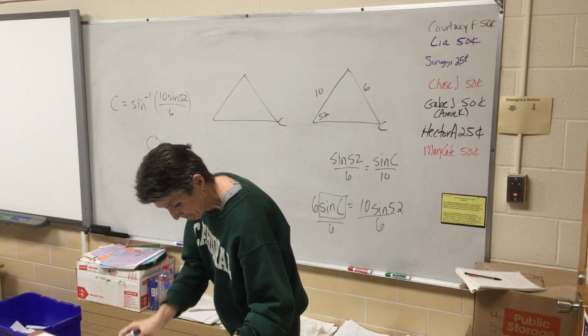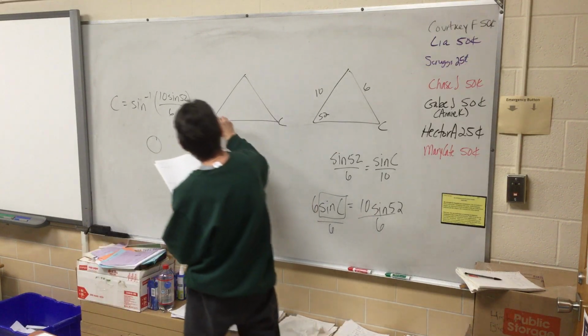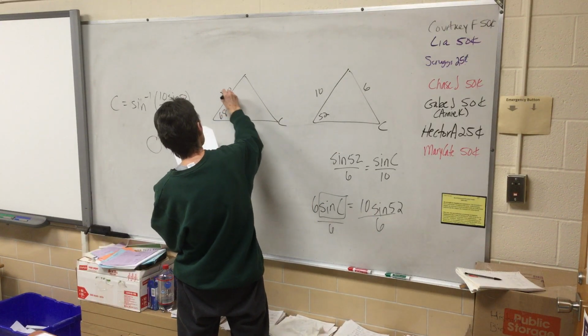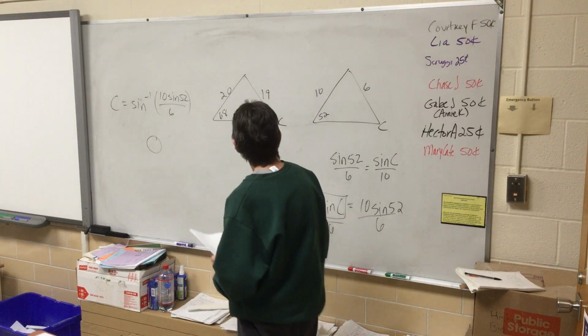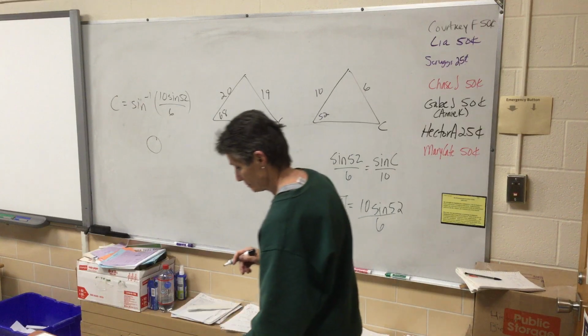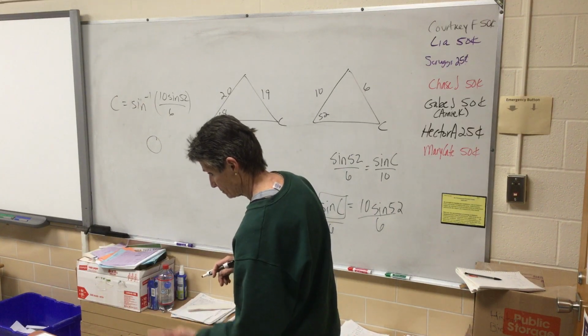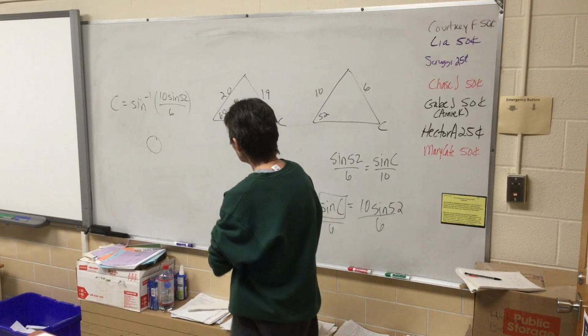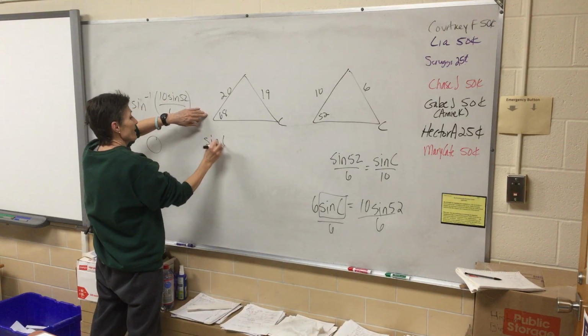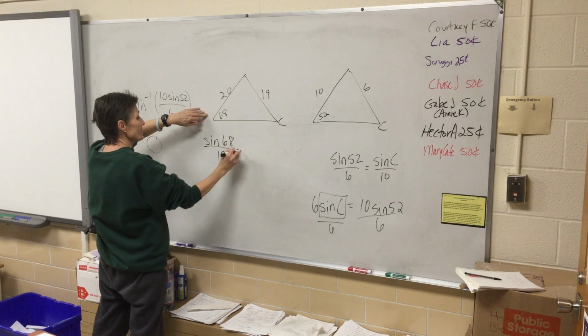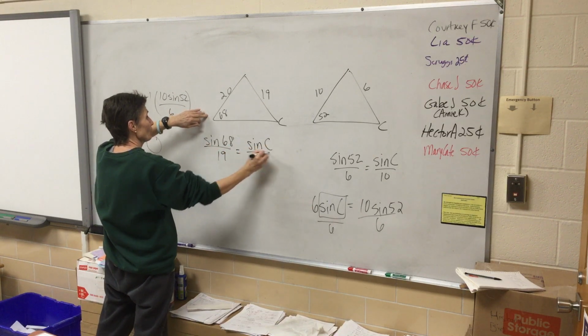All right, one more, like this. So 68, 20, and 19. Hopefully you're all busily writing sine 68 over 19 equals sine C over 20.